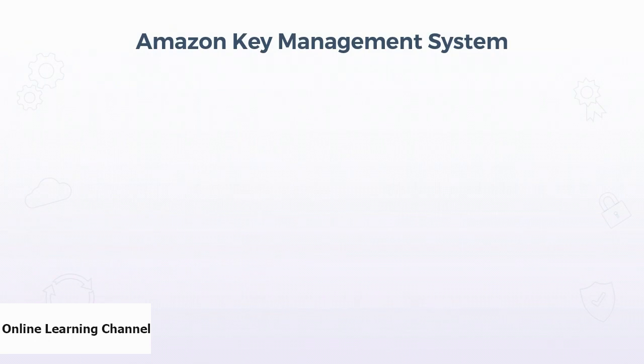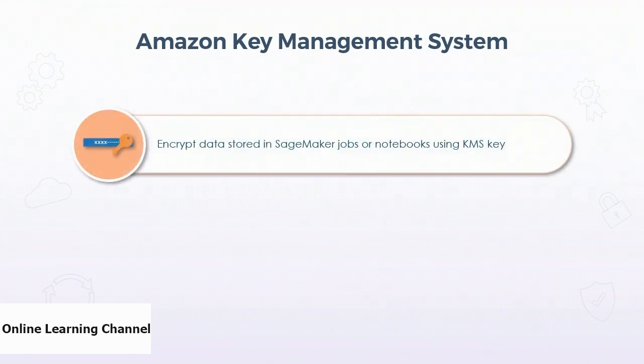Now let's look at the Amazon Key Management Service and dive into more detail on how to encrypt data using SageMaker. In Amazon SageMaker, to encrypt data, Amazon Key Management Service can be used. In any SageMaker job, we deal with notebooks and various types of important data which are supposed to be encrypted.